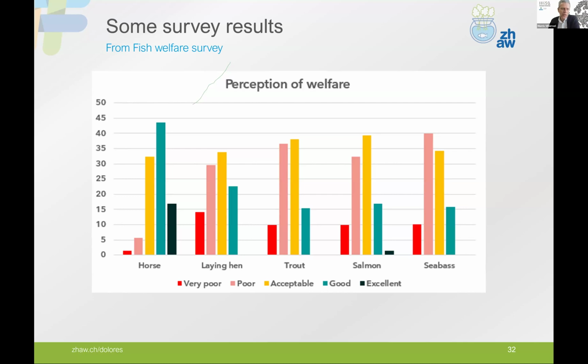So if you're looking at a horse, like a riding horse, horses used for riding or for meat, what is your impression about their welfare? Do you think the welfare is excellent? And here about 15% think that their welfare is excellent, compared to a laying hen, so hens that are used for production of eggs, and compared to rainbow trout and salmon, which are kind of cousins. So salmon production and trout production in Europe is fairly big.